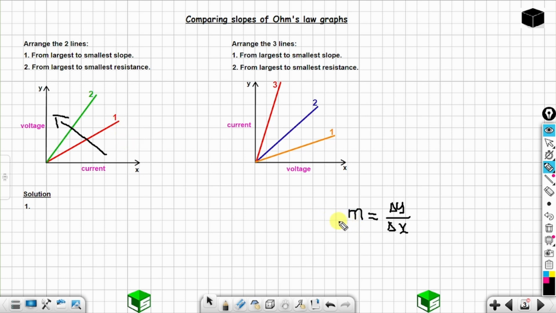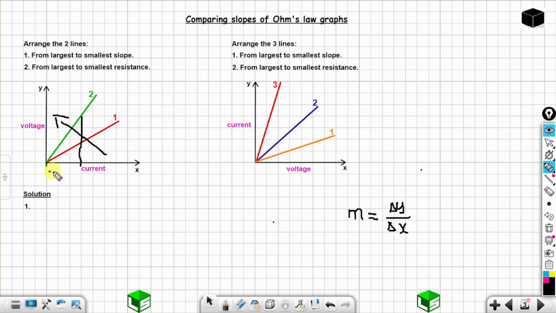Let me show you how we can prove it. We can maintain x or y. Let's maintain x. So if we maintain the change in the x for both lines, let's say from that point to this point, a straight line.